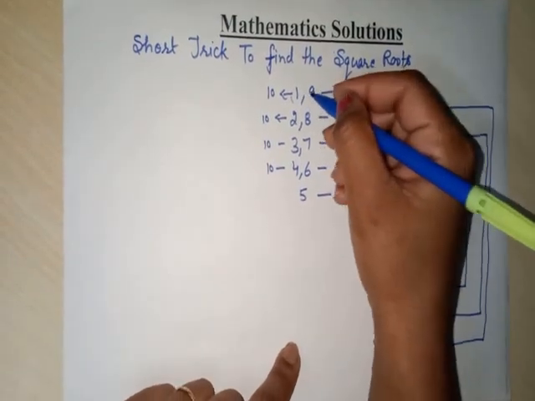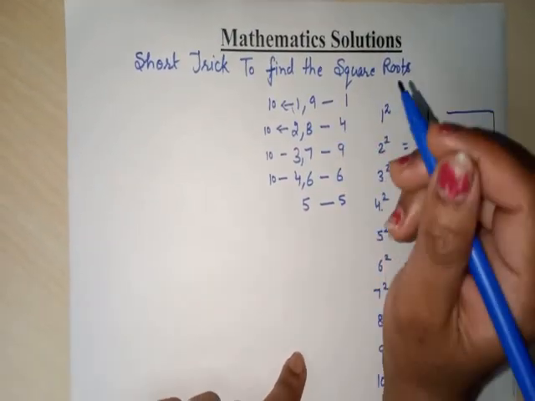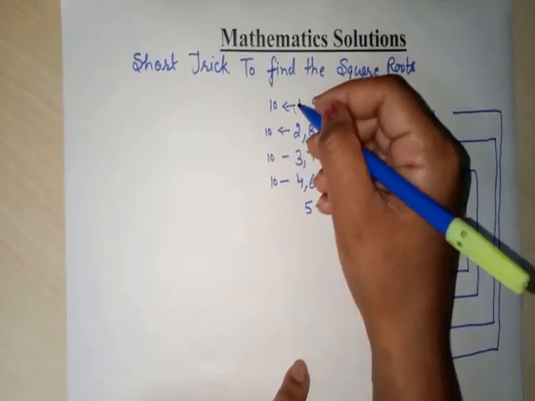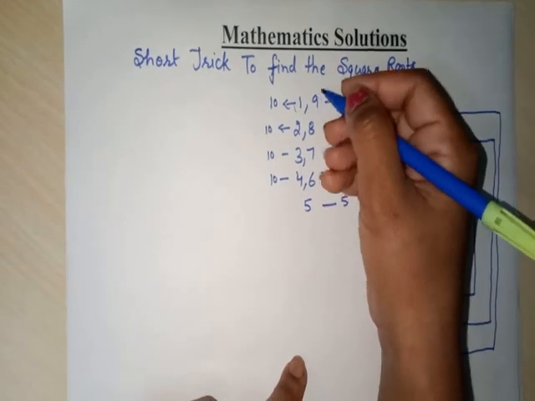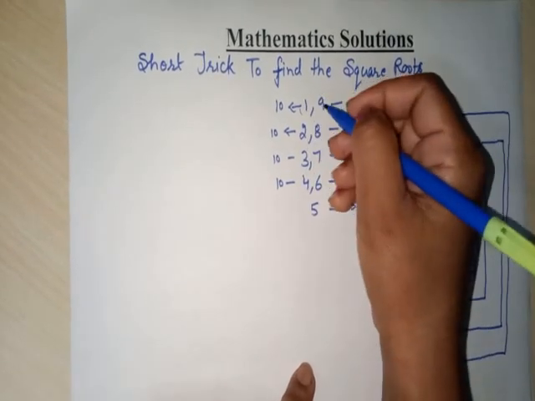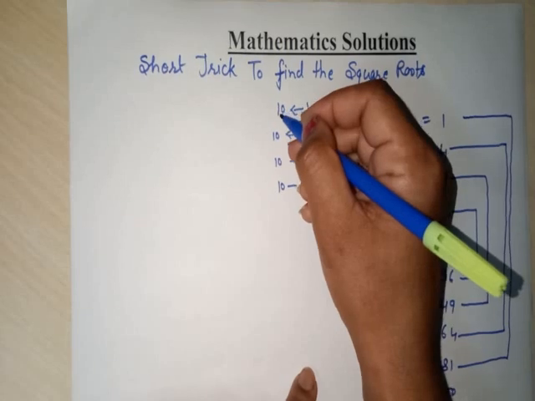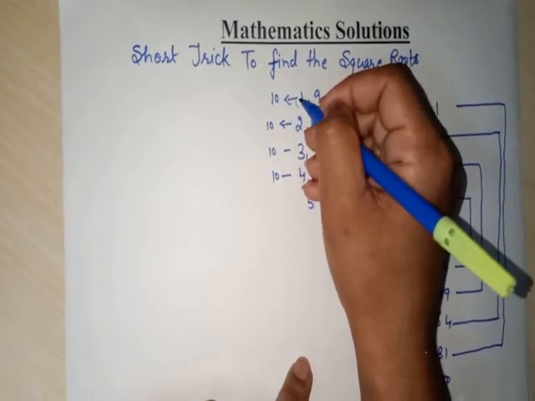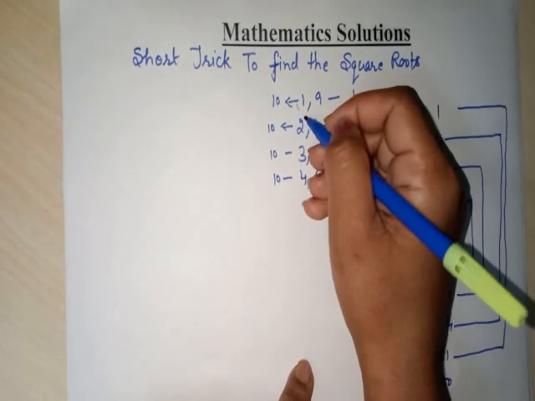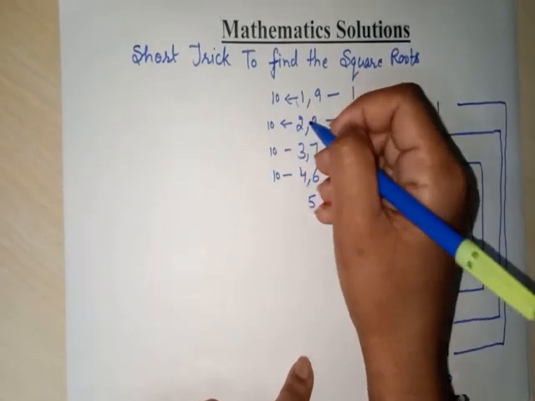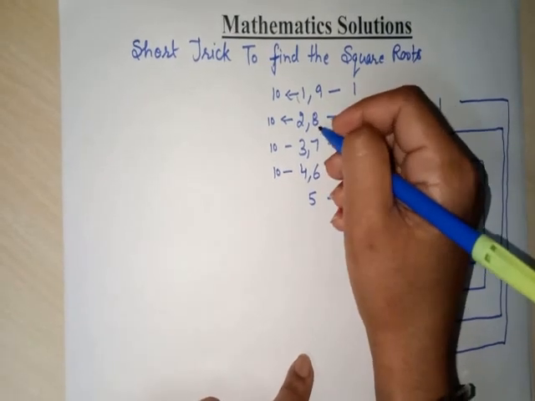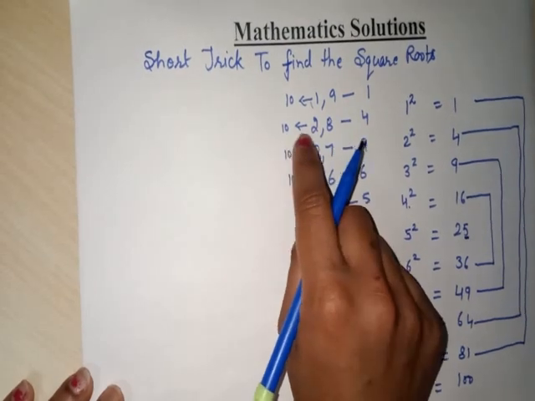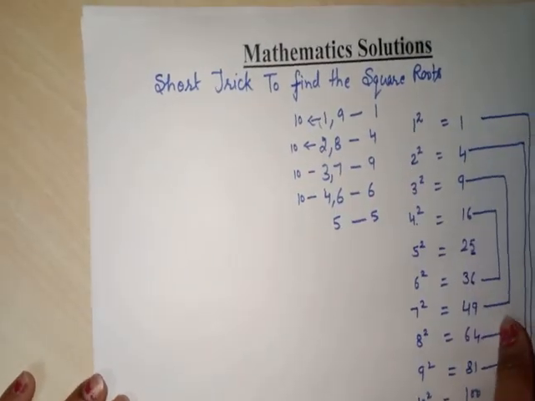So if you remember the one digit whose square gives 1 in the unit digit, then you can find the other number by subtracting that number from 10. Like if you know 1, then 10 minus 1, the other number will be 9. And if you know 2, 10 minus 2, the other number will be 8. So you can easily remember by subtracting from 10 the one number that you know.